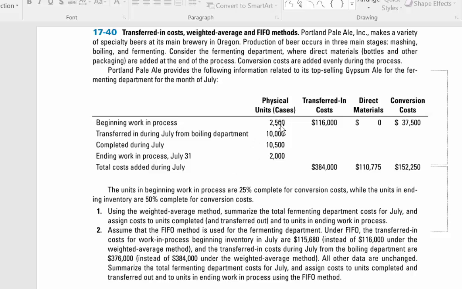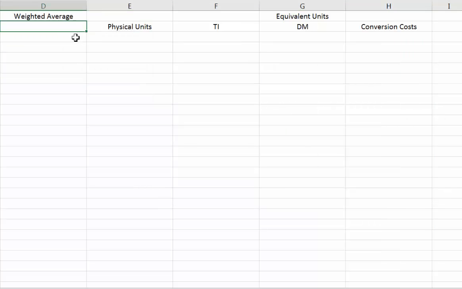So we start with 2,500, then we have 10,000 started. We have 10,500 completed and transferred out, and finally we have 2,000 left. So this is the information we have. Then we have some cost information and the percentage of completion. First of all, I'm going to take a look at WIP.